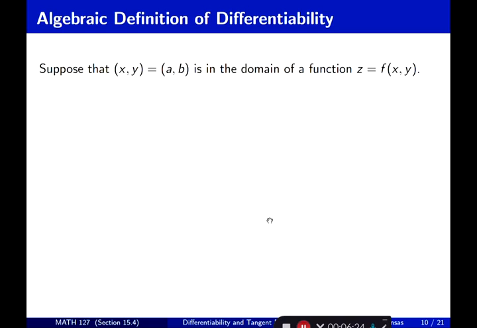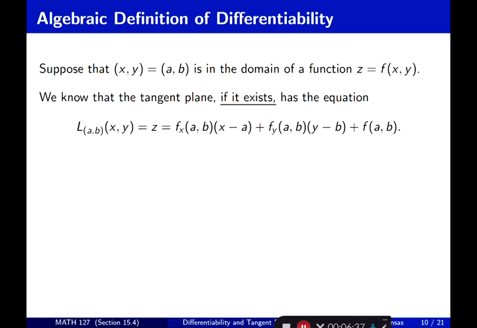Well, the same things apply here visually, but there's also the limit definition as well. And so we know that the tangent plane, if it exists, has this equation, right? But if I can write the tangent plane, it doesn't mean that the function is differentiable.